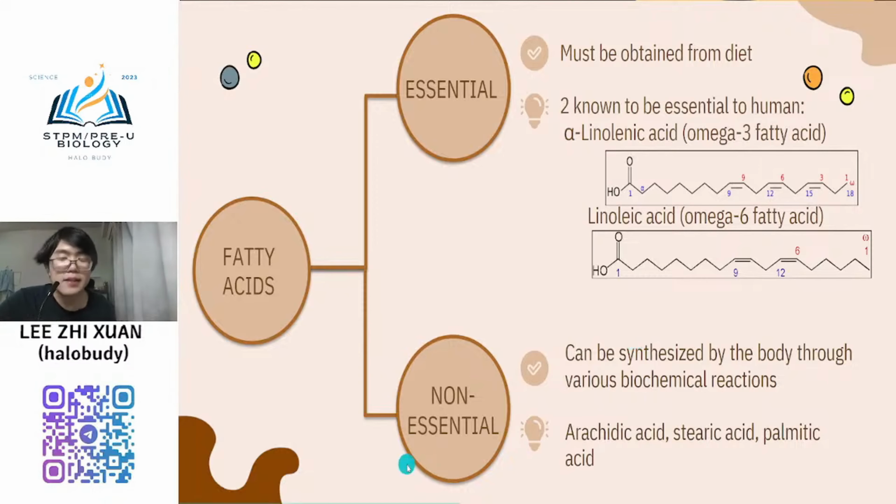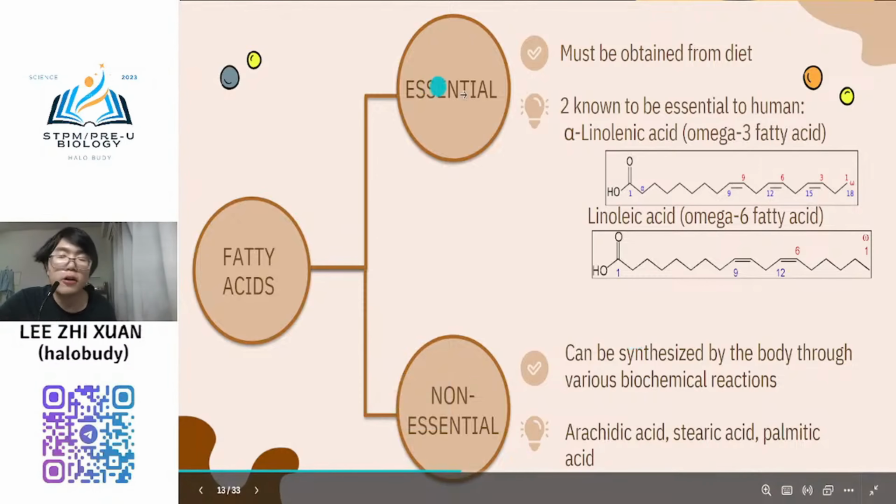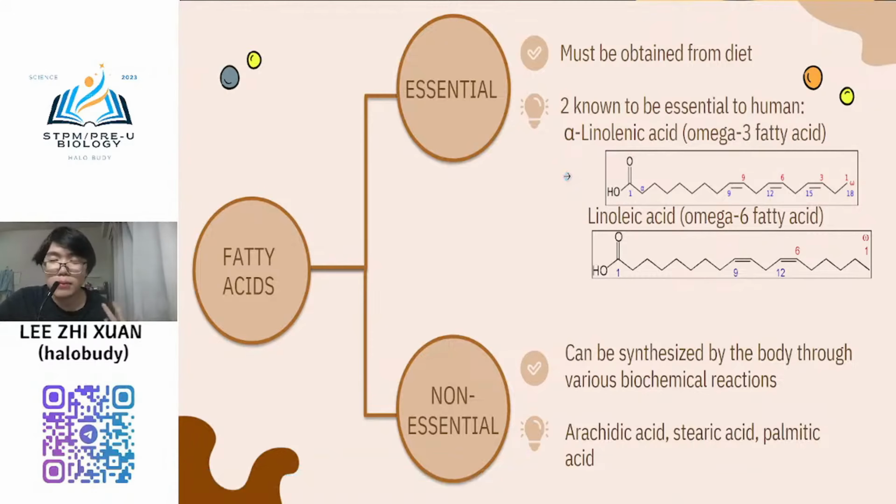You totally need to consume the essential ones, similar to amino acids in protein, which also have essential and non-essential types. Examples are omega-3 and omega-6, from plant oil and fish oil. You need to obtain these from outside, because our body cells cannot produce this kind of fatty acid.